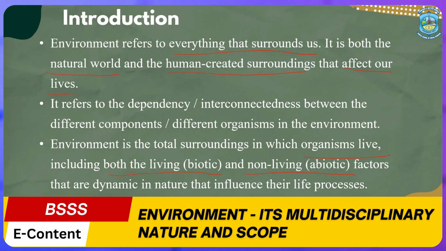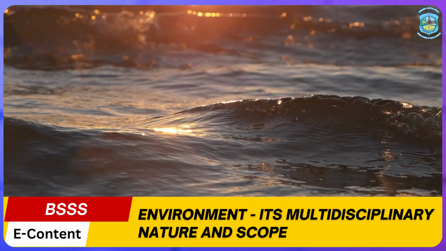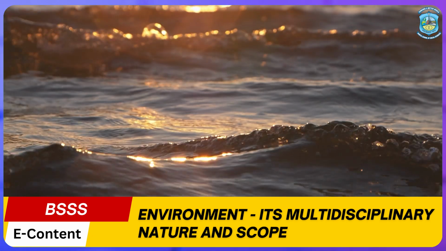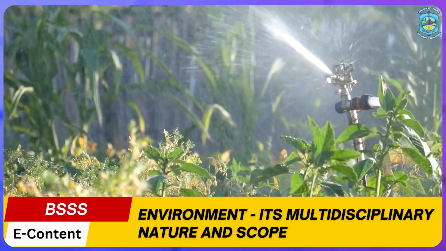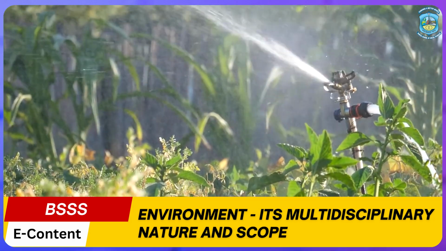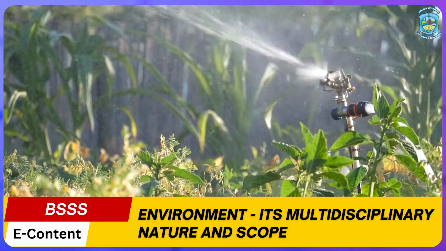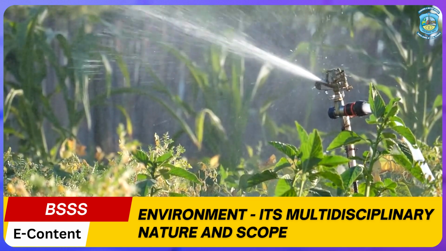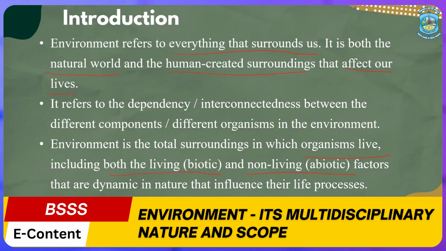Not only this, we saw in our definition that environment is everything that surrounds us. It can be natural or human-created, but it also affects our life. For example, you are drawing water from a lake and using it for agricultural practices. But what if some industries are throwing chemicals or toxins into the river? When you use that polluted water, it is going to affect your health.